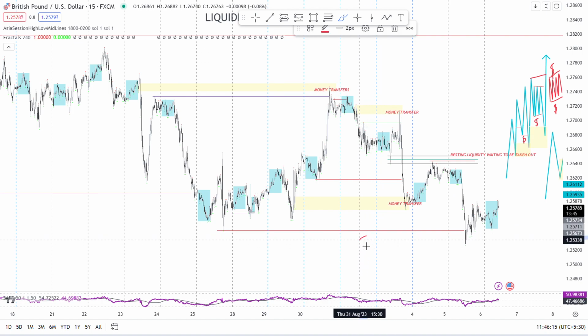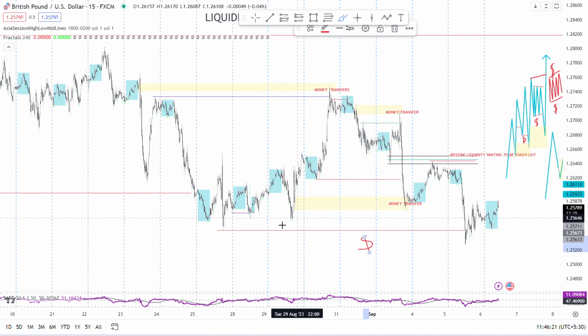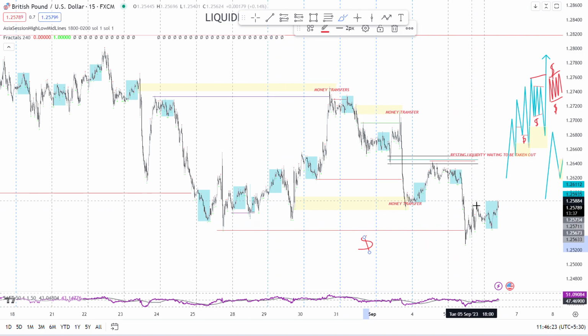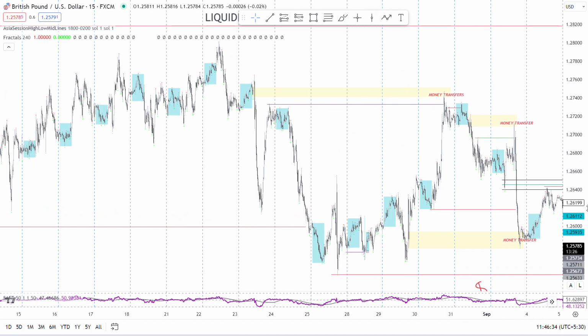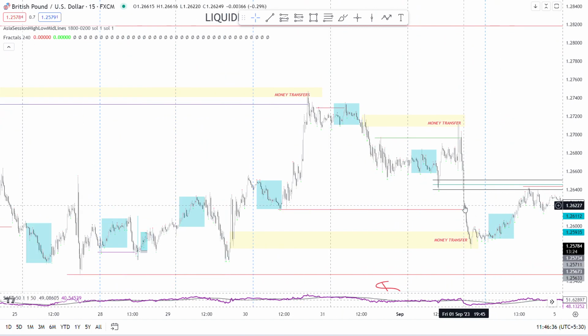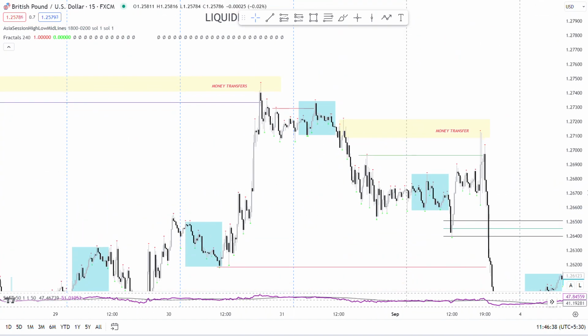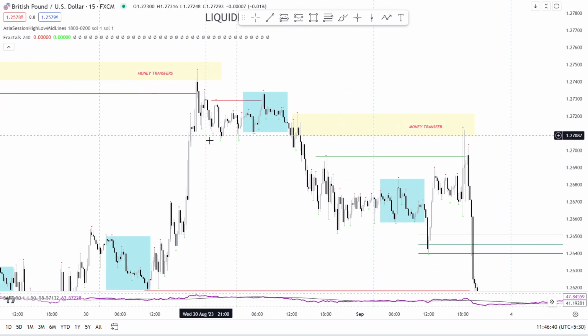A lot of money is there, because a lot of people will be looking to buy the market here. So money got collected and the market maker will move the price out until this resting liquidity waiting to be taken out, right? So this is how the market moves from one liquidity point to another liquidity point, because it's just for the money. Liquidity is just money.